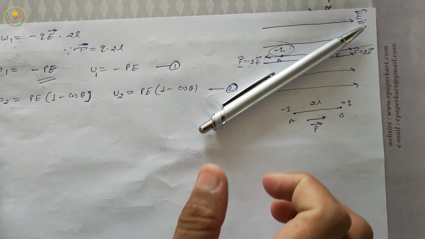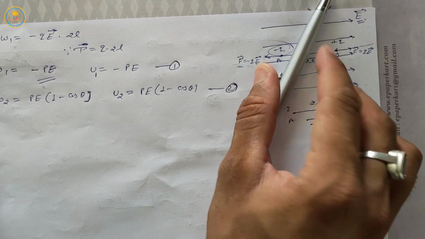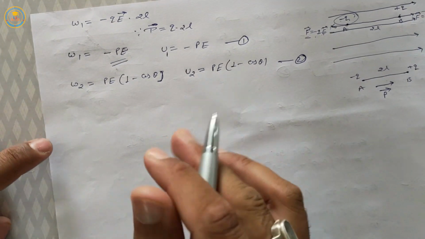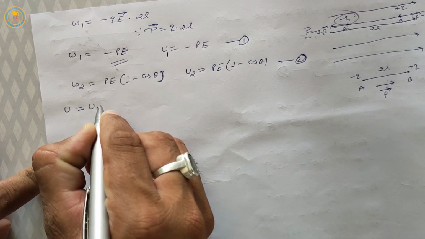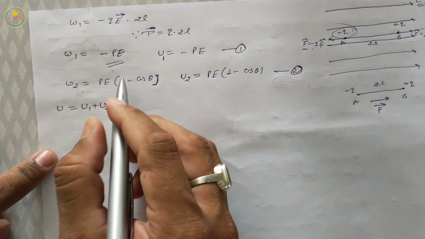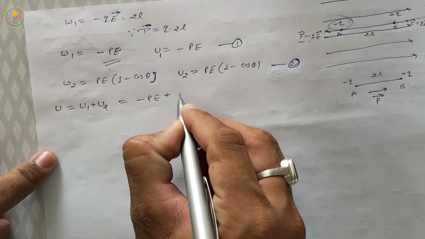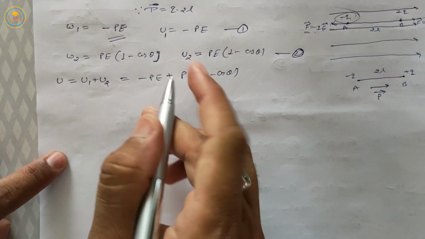So the total electric potential energy of an electric dipole at angle theta in an electric field. It means if we bring the electric dipole to angle theta, then the total work done is equal to the total electric potential energy. So total electric potential energy U is equal to U1 plus U2. Put the values of U1 and U2, then we get minus pE plus pE(1 minus cos theta).